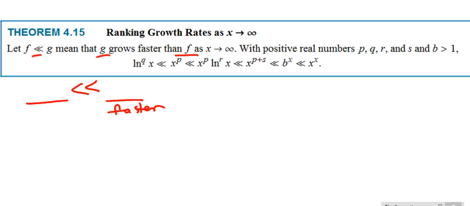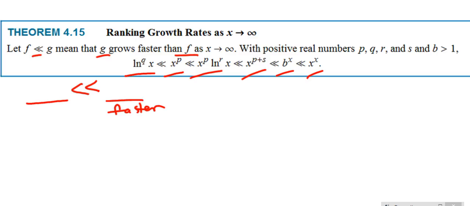All right, so it has here positive real numbers p, q, r, and s, and b is greater than 1. We have a linear power function, a power function where the two are combined, another power function where it's added to something, an exponential function, and an x raised to an x.